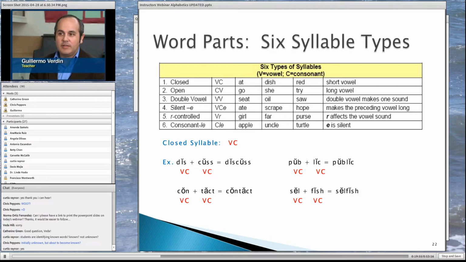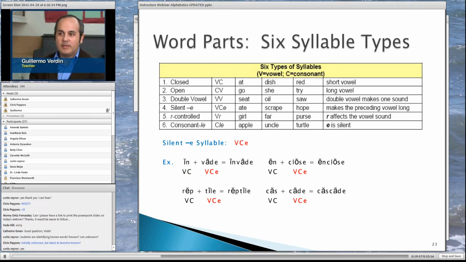Many, many words. The second syllable type is the silent E syllable, which I'm sure many of you are familiar with. As you can see, the silent E syllable has one vowel followed by a consonant followed by an E, and that E is silent, and it makes the preceding vowel long.